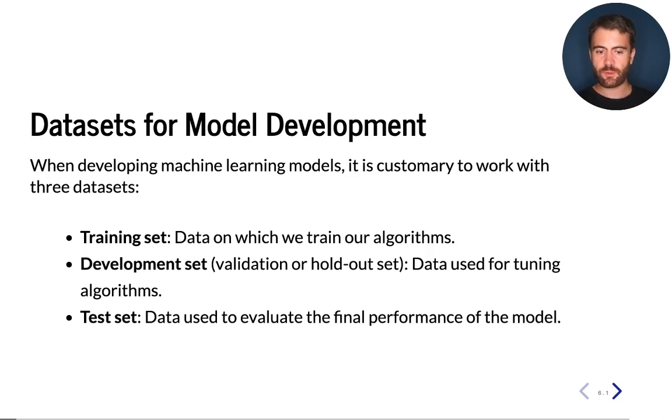So this is a data set that we use for developing the model, as the name implies. And finally, we also often have a separate data set called the test set, which is a data set that we use to evaluate the final performance of the model once we have finished developing it.